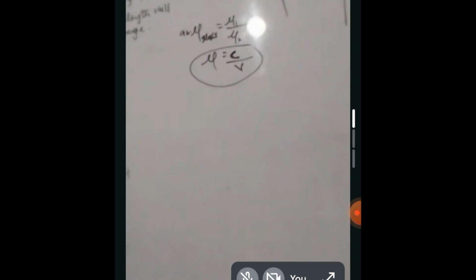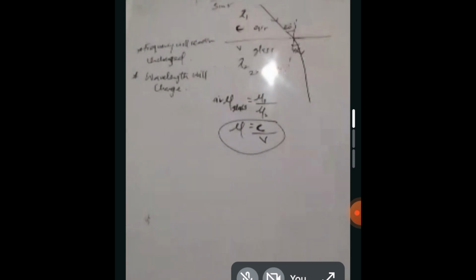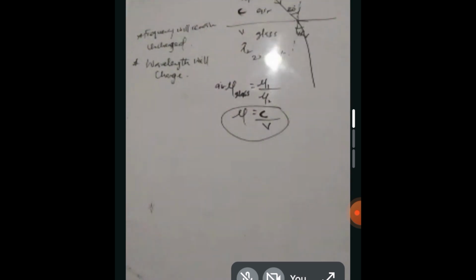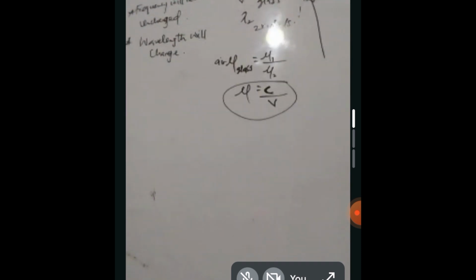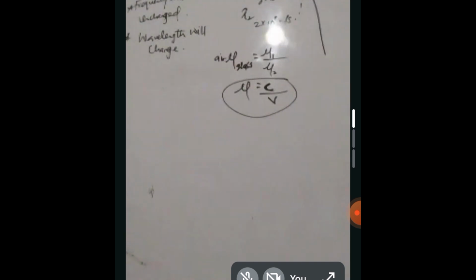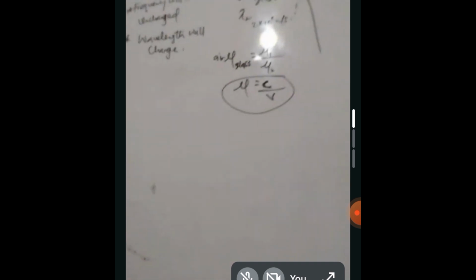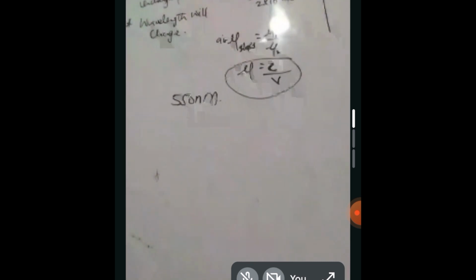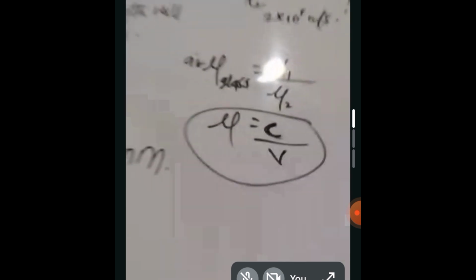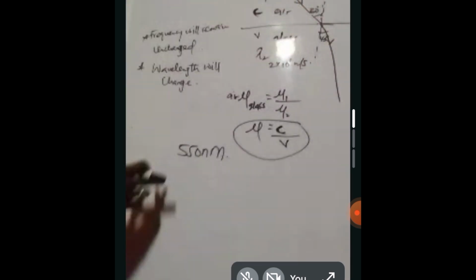A beam of light of wavelength 550 nanometers.